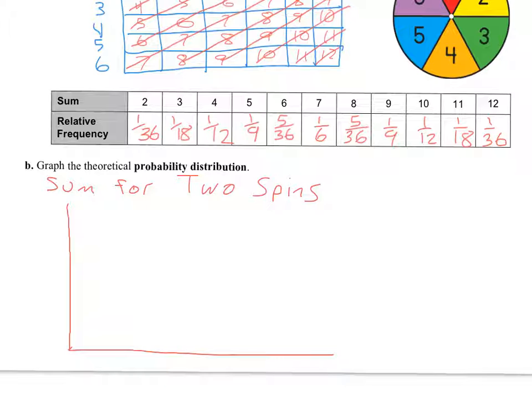Okay, when you make your y-axis scale, you want to make sure that you don't go too high or too low. So what I would do is I would look at the biggest probability that we see. So the biggest probability we saw was 6 over 36, which is also 1 over 6.